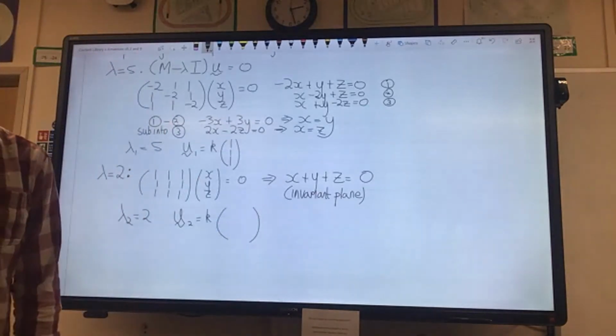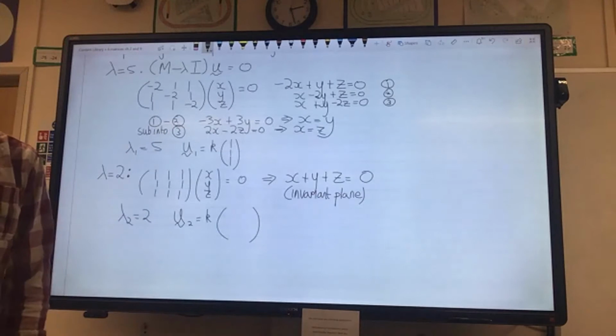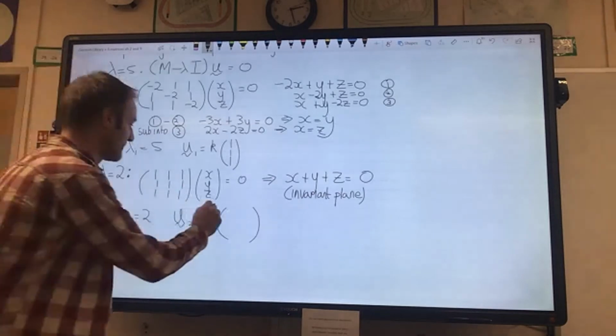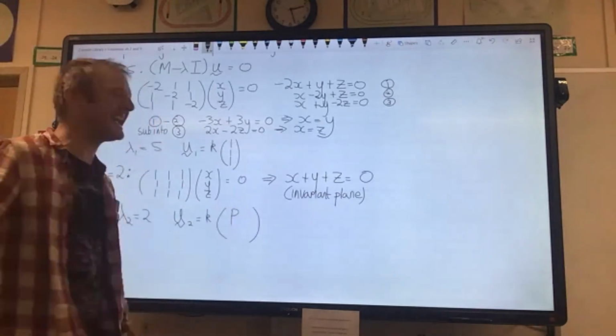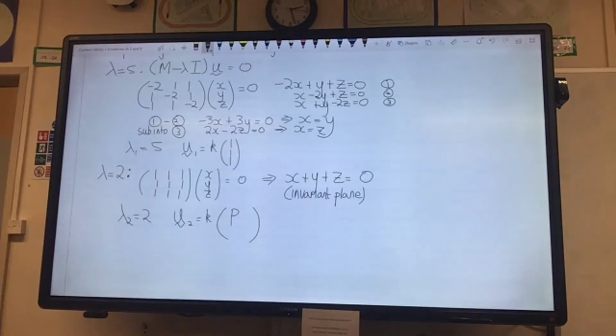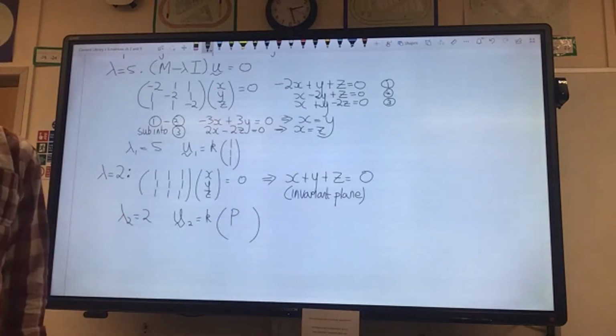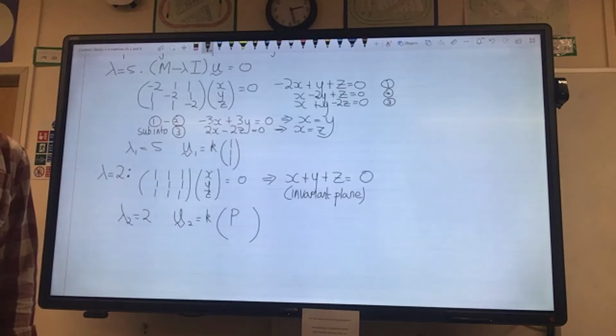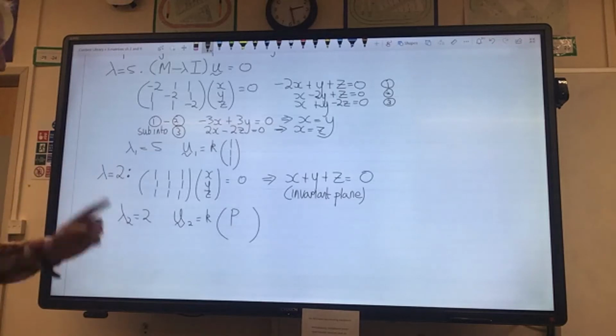Any ideas? Put your hands up if you have any ideas. Otherwise, I'll start you off. I'm going to put p as the x component of my eigenvector. I can't put 3 p's, can I?